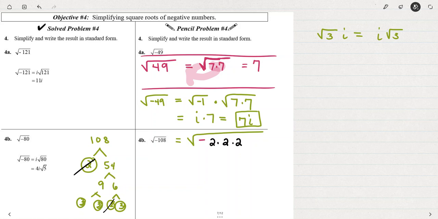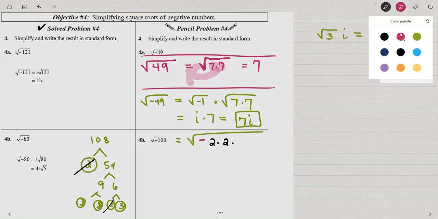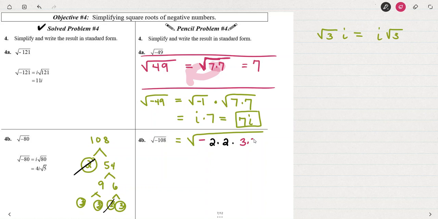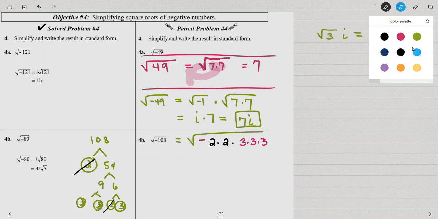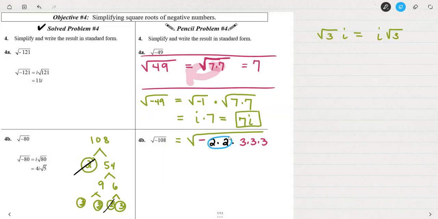It looks like there were only 2. Good reason to write more clearly. With this pen it's sometimes a little fat, and I can't see it fully, but it looks like there were 2 2s, right? And then there were 3 3s. What I'm looking for is pairs. So when I see a pair of 2s, I can remove that from the radical.